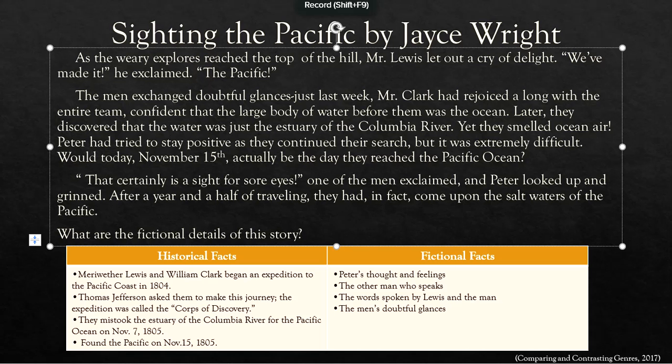As a reader, we know what he's thinking and feeling. We know what the other man is saying because he speaks aloud, the words spoken by Lewis and the man, and the men's doubtful glances. We have just compared two texts about the exploration with Lewis and Clark, one with facts and one is fiction.